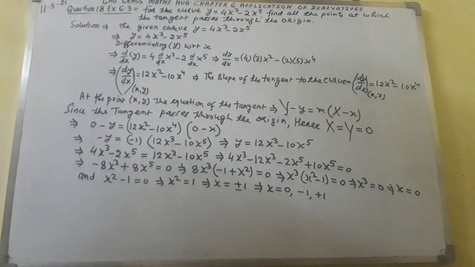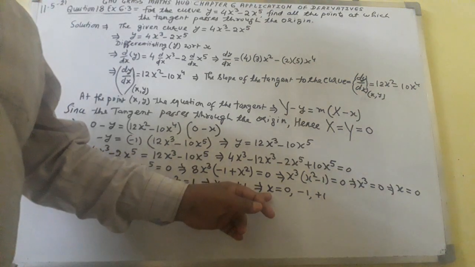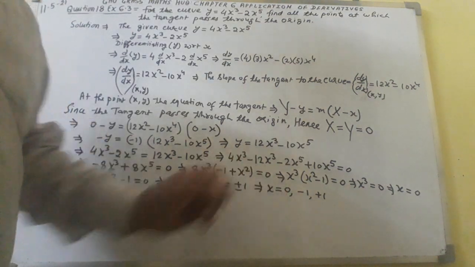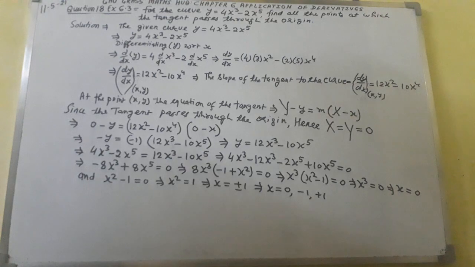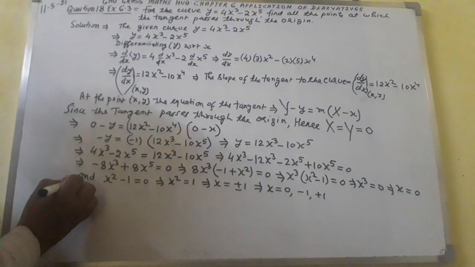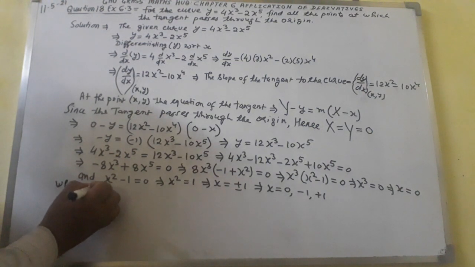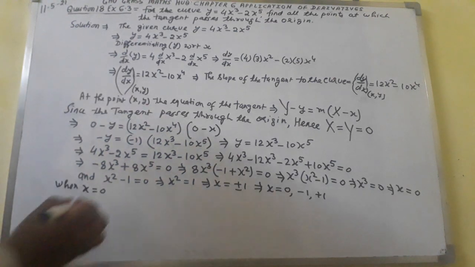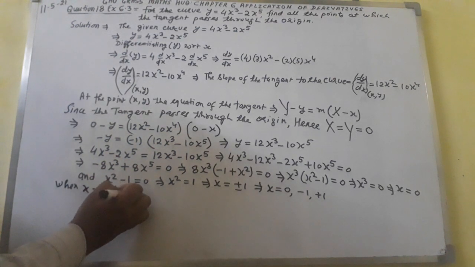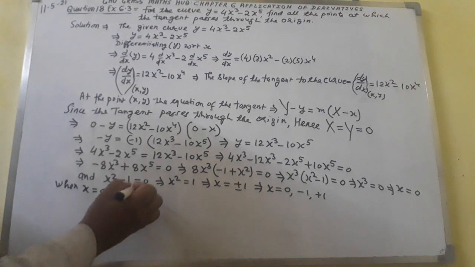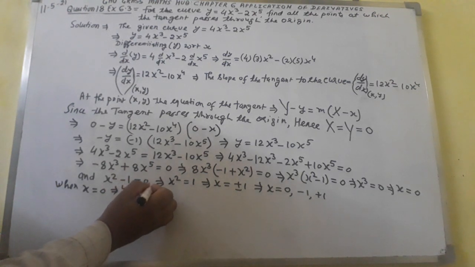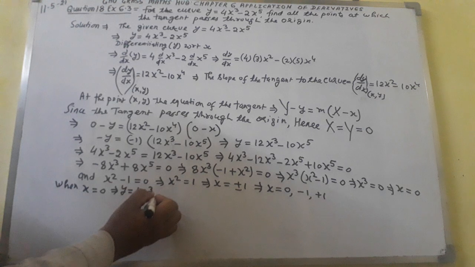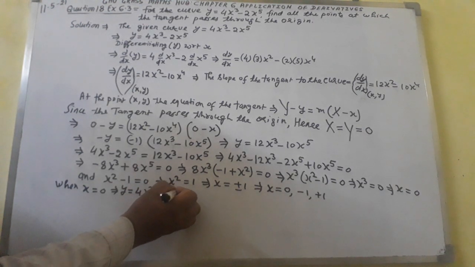Now what will we do next? First of all, take x equal to 0. Put x equal to 0, get the value of y. So here again I shall write, when x equal to 0, implied that y equal to 4x cube minus 2x raised to the power 5.